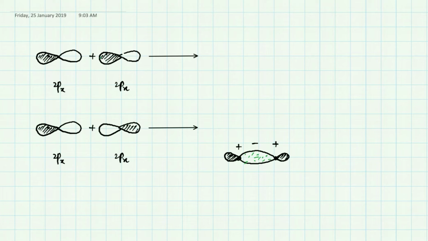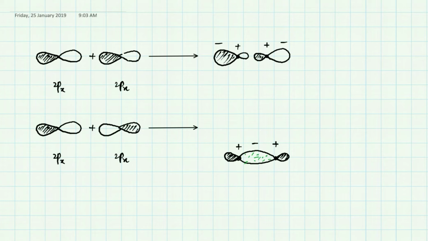Now when these two atomic orbitals combine with out of phase symmetry, the electron density between the nuclei of the combining atoms will be very small, and much of the electron density will be towards opposite directions, positive, and this one negative.